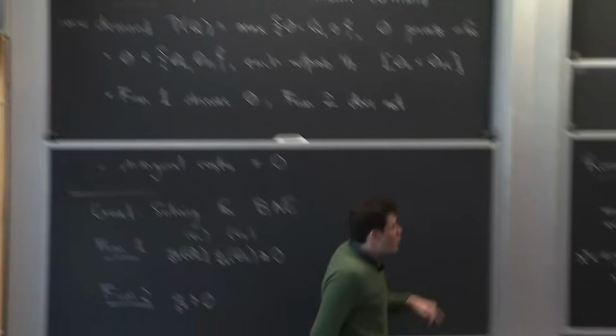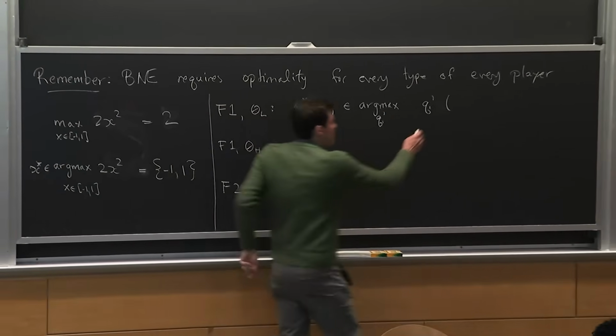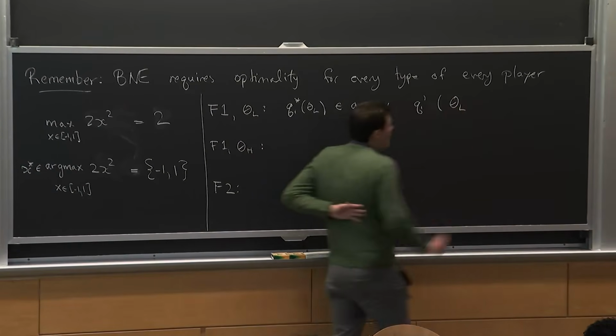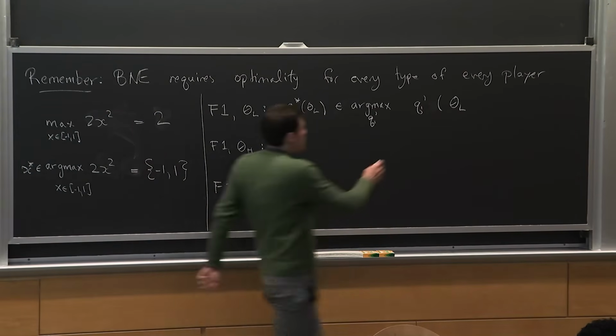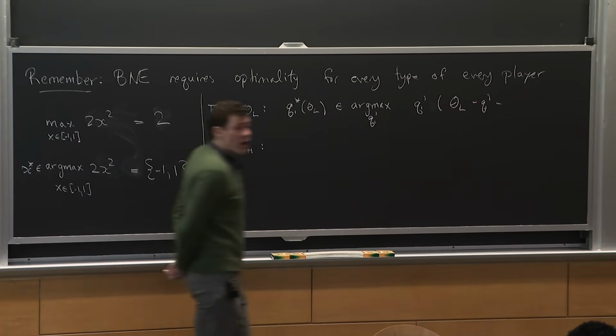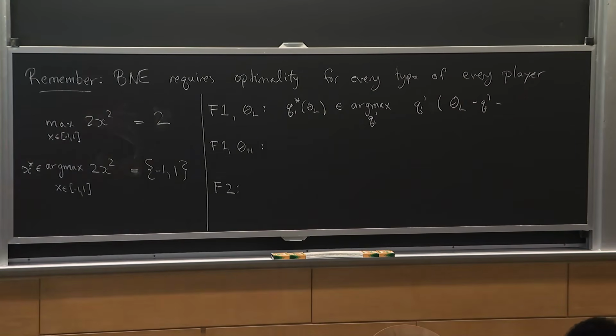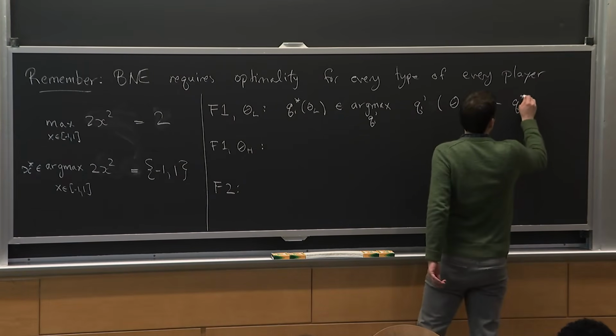Okay? So if I'm firm 1, I know the state is theta L, so I'm going to put in theta L here. And then I need to subtract the amount that I produce, minus Q1 prime. What else do I have to subtract? Yeah? Say it again? Q2 star, exactly. And this is it.